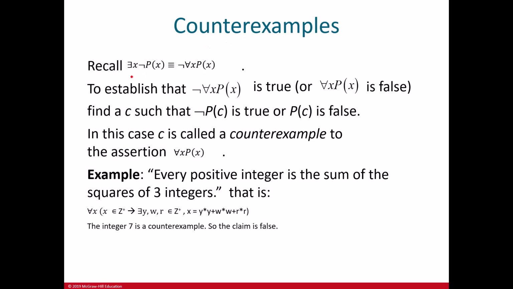This is based on the idea that if we have something of the form, there exists an x such that it is not the case that p of x, this is equivalent to it is not the case that for any x, p of x. So if somebody gives me something like this, and I need to deny it, it's just enough to find at least one counterexample, and that's it. The whole theorem or claim or conjecture is shown to be false.